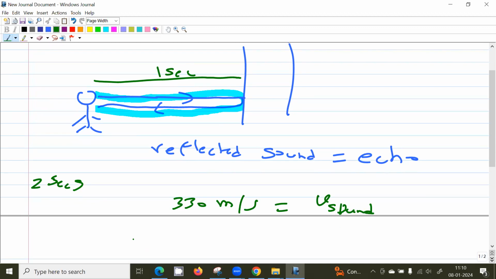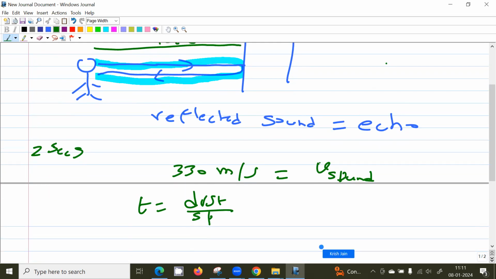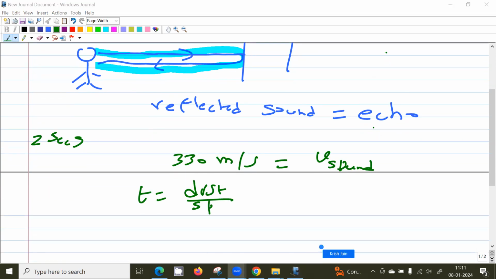Okay, so since the time taken is 1 second, the time taken is distance by speed. So distance is the one we're trying to find out.